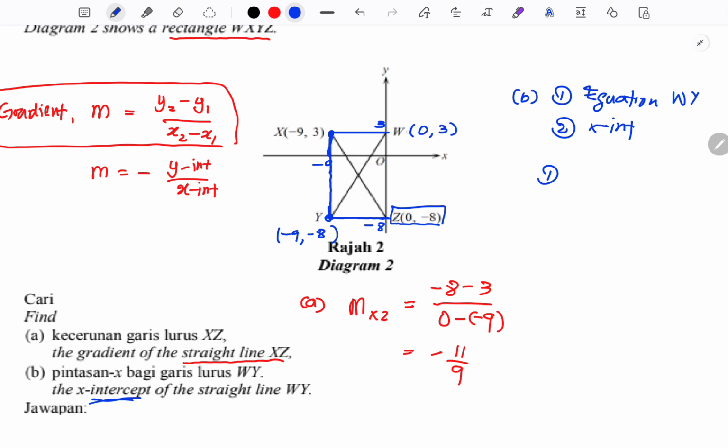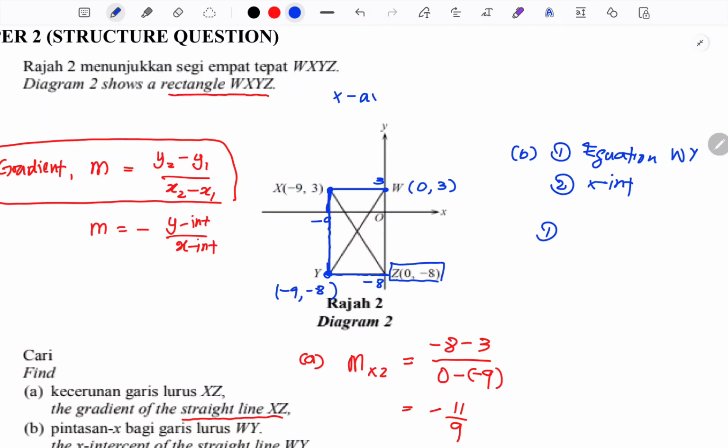Why (0, 3)? For the x-axis, we look at the position going left or right, but the y-axis is going up or down. This W is at the upper position on the y-axis, so 3 is the y coordinate.